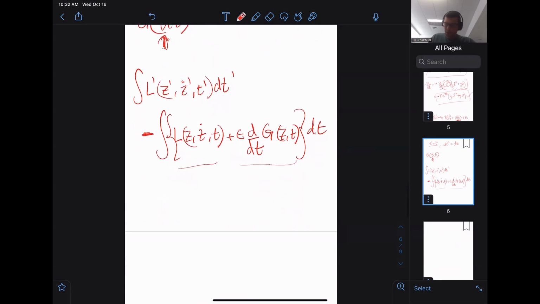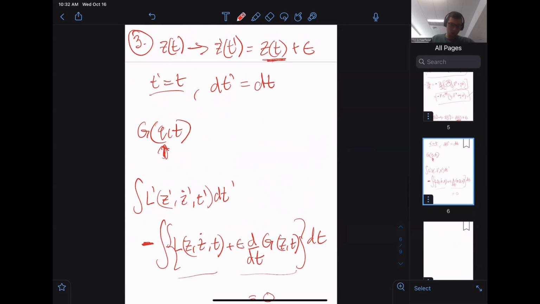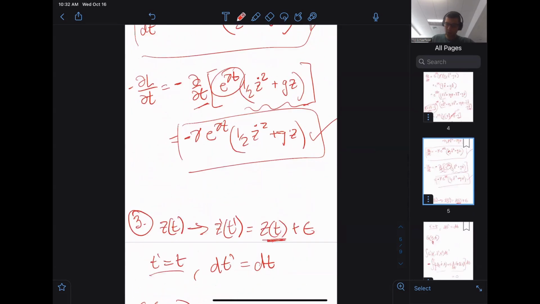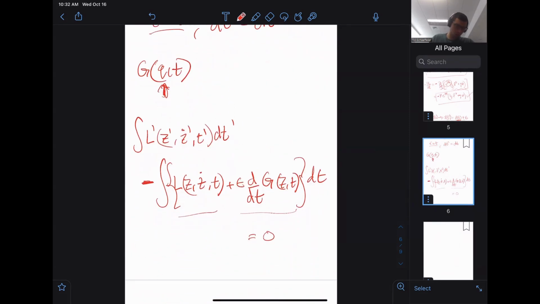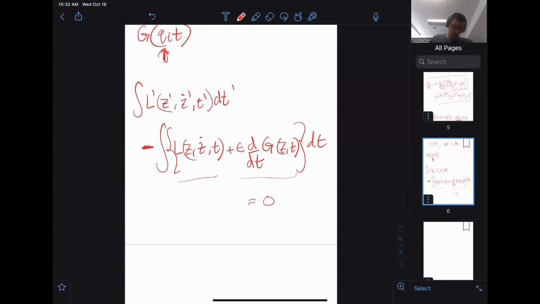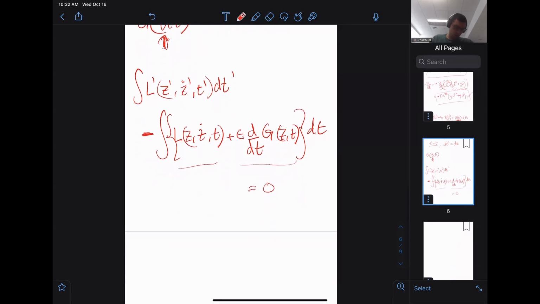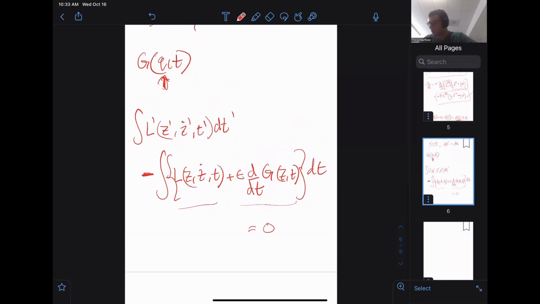If you prove that this is equal to 0, then you've proved that this transformation is quasi-invariant. And then later on, there'll be a conserved quantity associated with this transformation that we'll get to in a later part. So first, let's find what the prime Lagrangian is under this transformation.